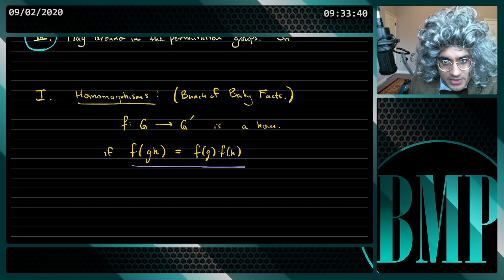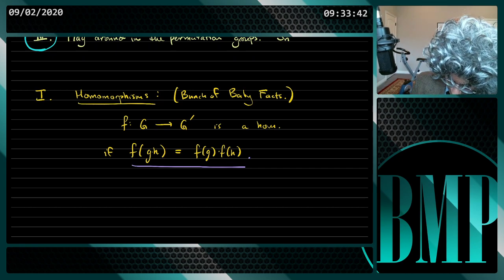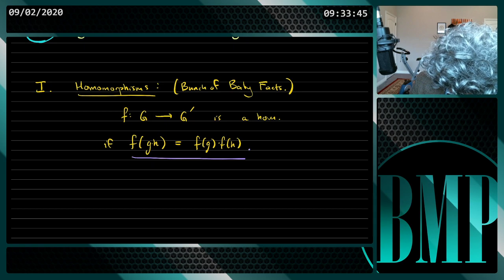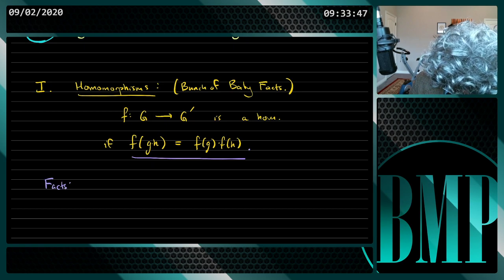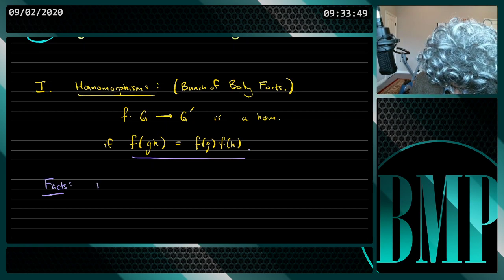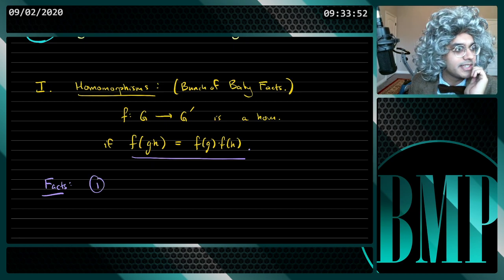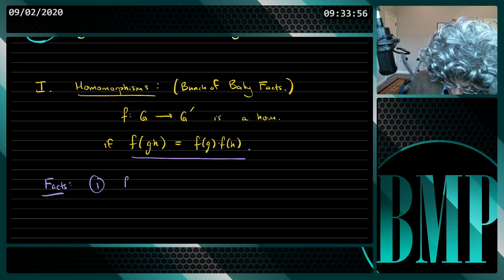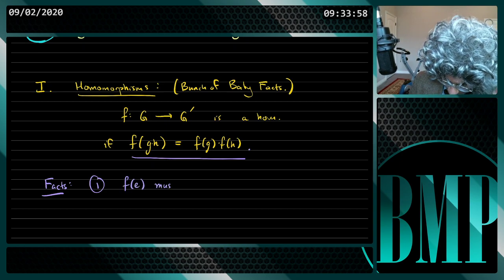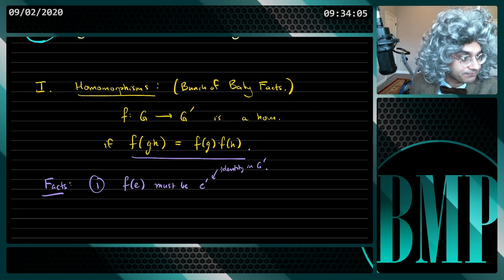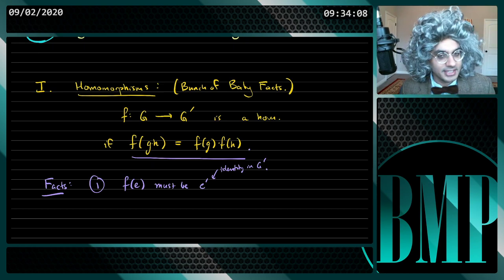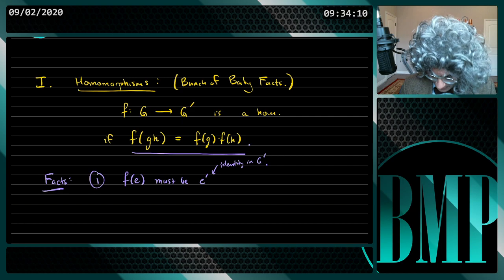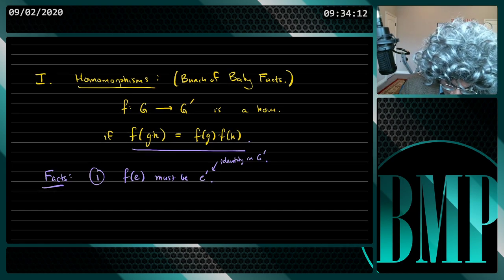Okay, so from this simple property, you get some facts. Let's go through some facts. Fact number 1. A homomorphism must send the identity element to the identity element. So f of E must be E prime, the identity element in G prime. So how do we know that?